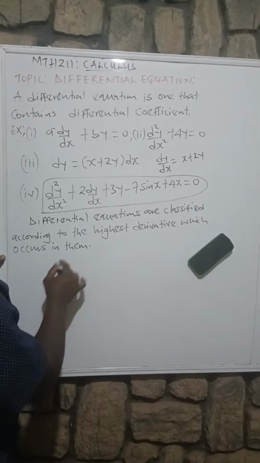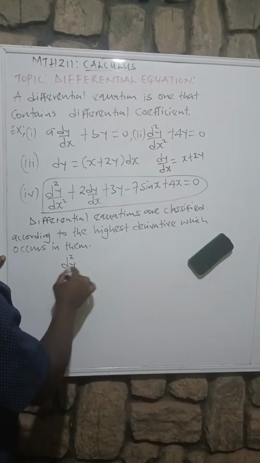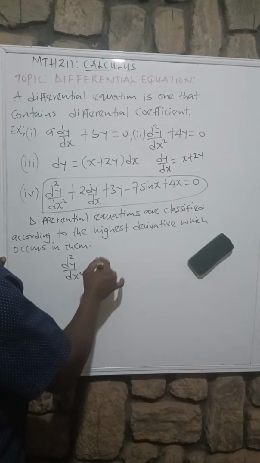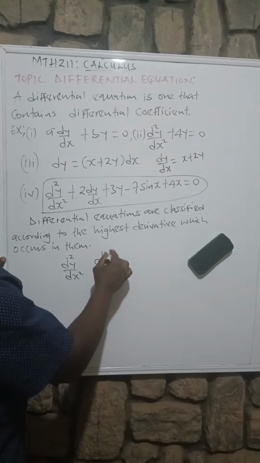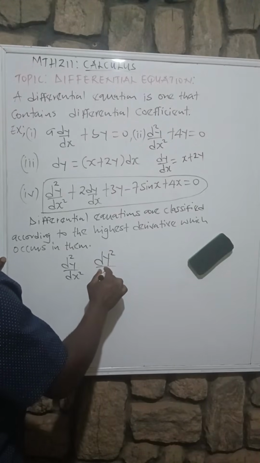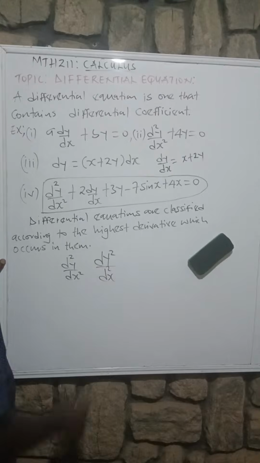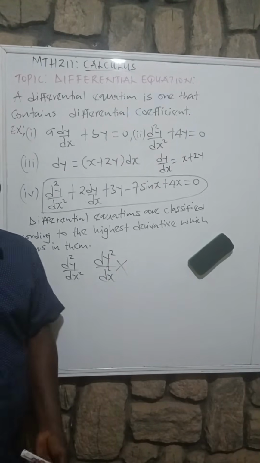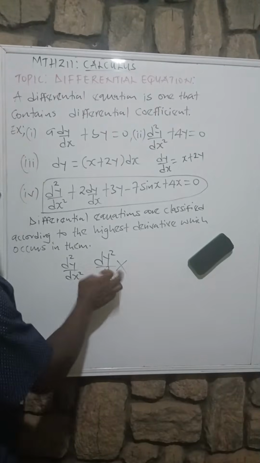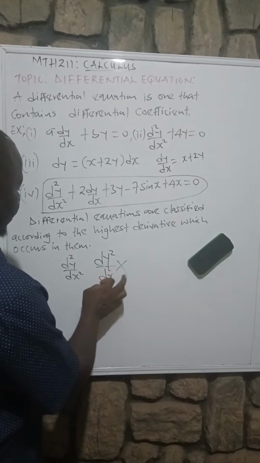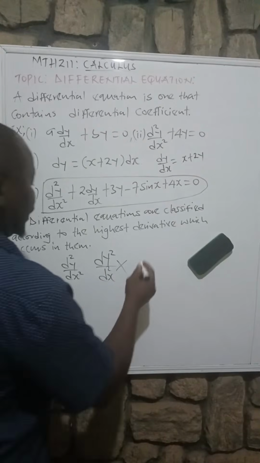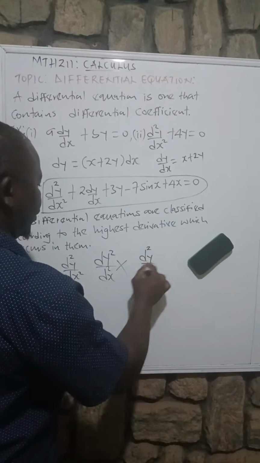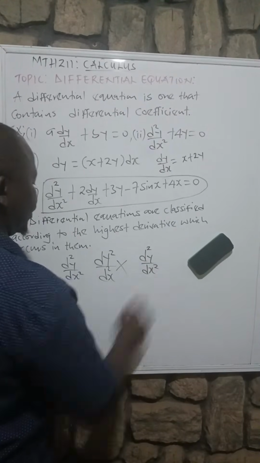Let us have, let's say, d square y all over dx squared. Please mind you, it is not written this way. Please, this is wrong. Take note. Are you following? This is how it is written: d square y all over dx squared.